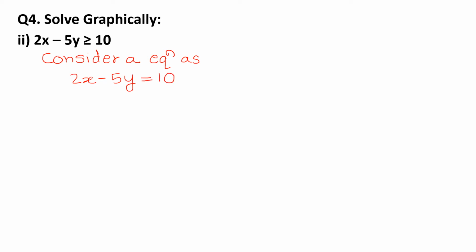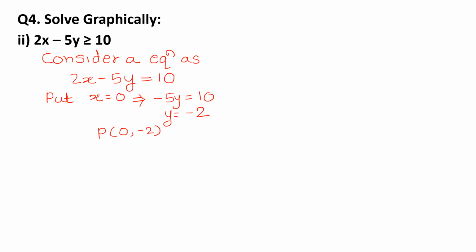Now I should find out the coordinates of the 2 points. So for it, first put x is equal to 0. So if I put x is equal to 0, what I get is minus 5y is equal to 10. So I get y is equal to minus 2. Hence the first coordinate that I obtained is (0, minus 2).